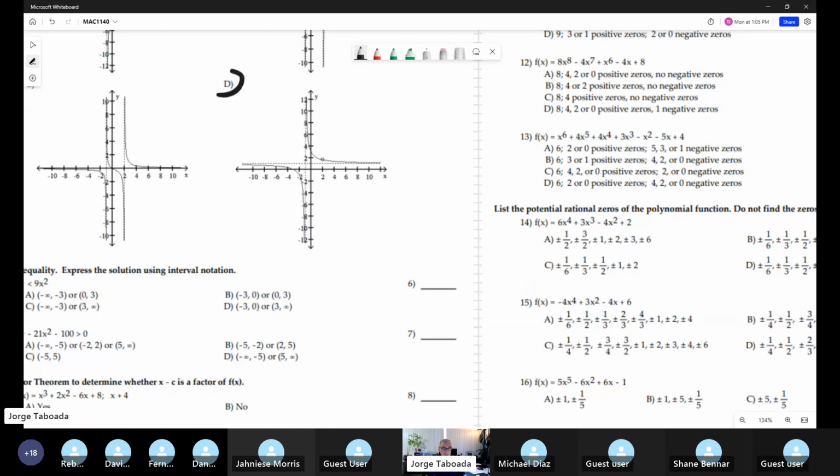It's obviously D. The reason is you see clearly the vertical asymptote at x equal -1, you see the horizontal asymptote at y equal +1, and you see the famous hole here. Another curve has no hole. This is the answer.